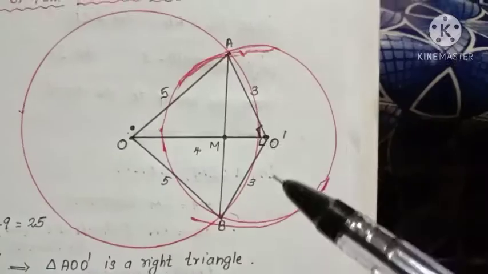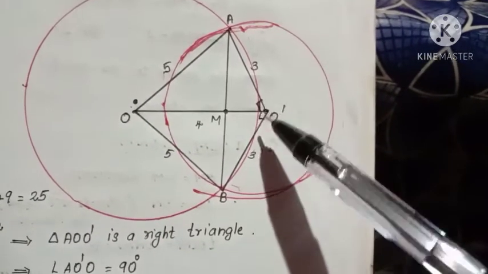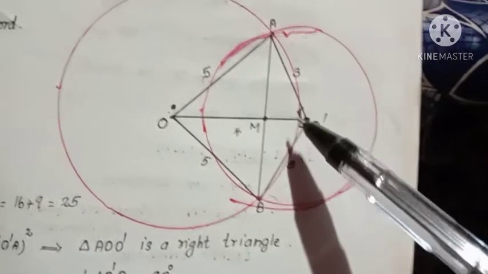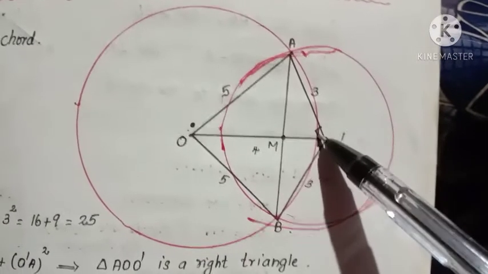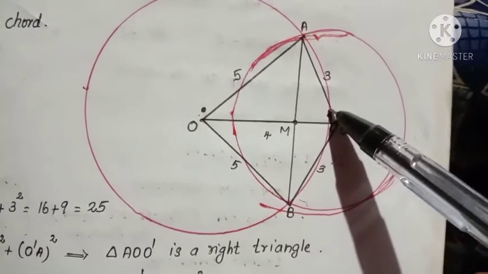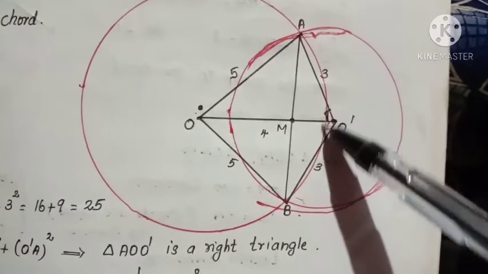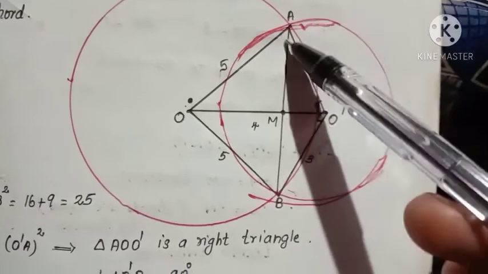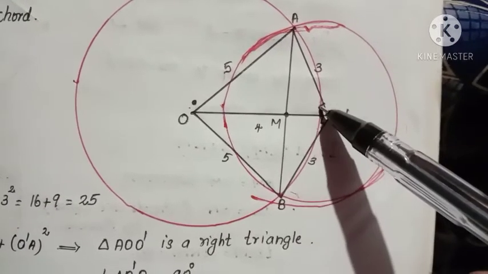Now listen, these two angles are 90 degrees. So 90 plus 90 is 180. That means AO'B is a straight angle, so OO'B is a straight line.